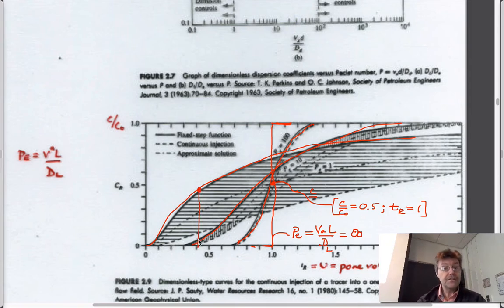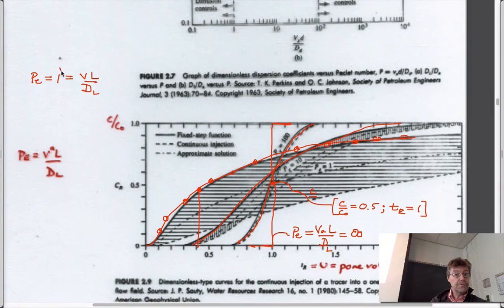And so what you could imagine doing is you could take your laboratory data and plot it in terms of these terms. And if it happens to plot on this particular curve, then you know that that corresponds to a Peclet number of 1. And if the Peclet number is 1, you know that the Peclet number is an advective velocity, the length of your core, and a dispersion magnitude.